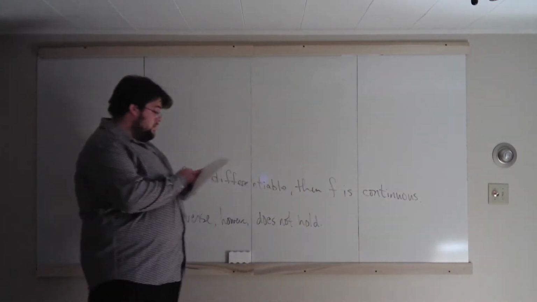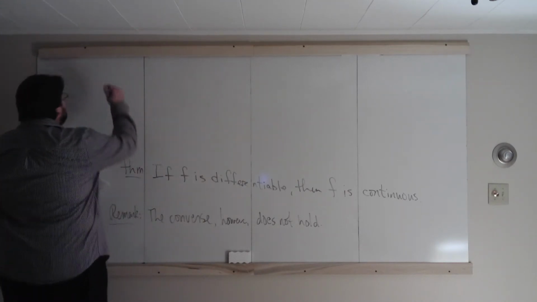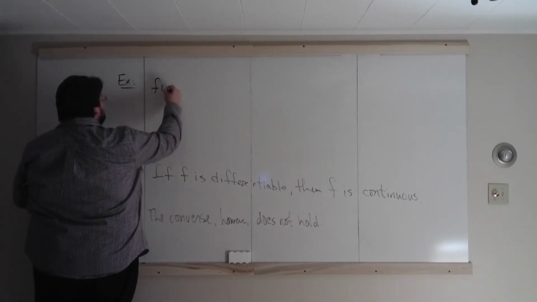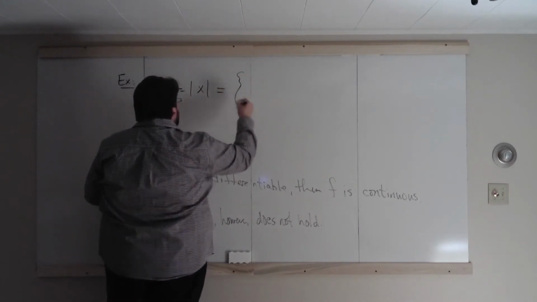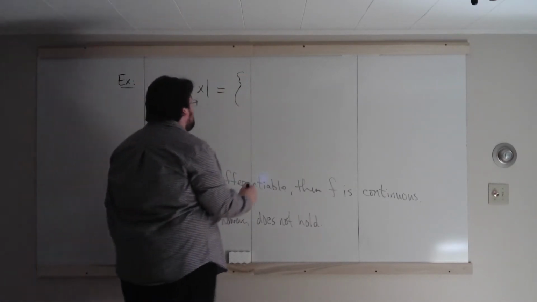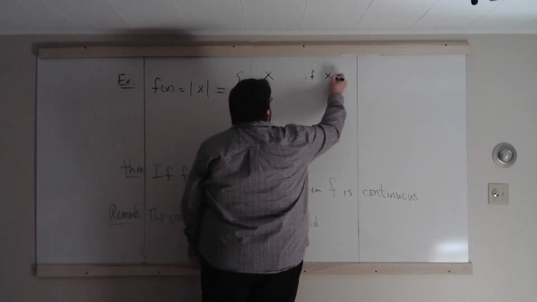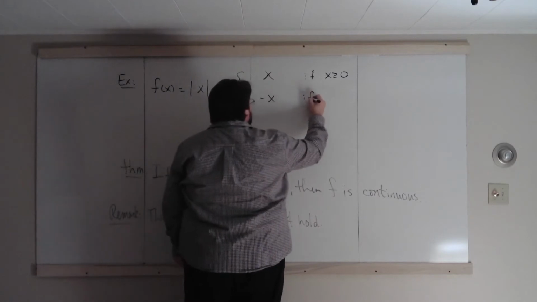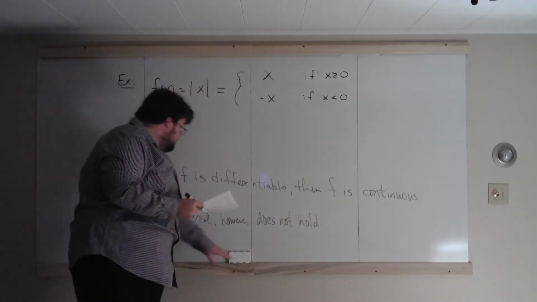So let's call this example. Example, f of x equals the absolute value of x, and here we'll write out the actual definition of the absolute value of x. Remember, the absolute value of x is x if x is greater than or equal to 0, and it equals negative x if x is less than 0.